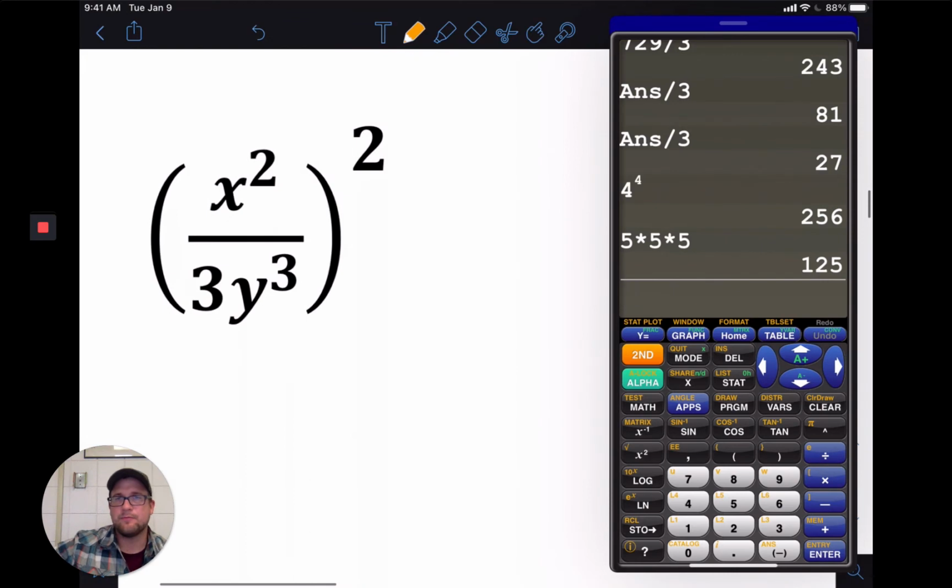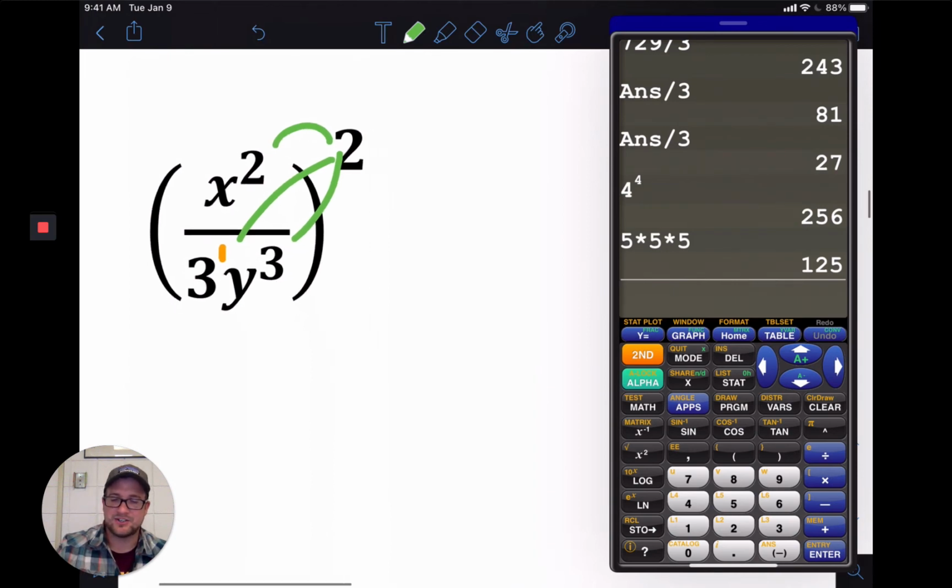Here's another problem for us to simplify. I have x to the second over 3y to the third, all raised to the second power. Now again, parentheses mean multiply exponents. Before you can do that, you got to make sure everything on the inside has an exponent. So, coming over here, I'm going to multiply each of those exponents by 2. Remember, when I do this, the base does not change, ladies and gentlemen.